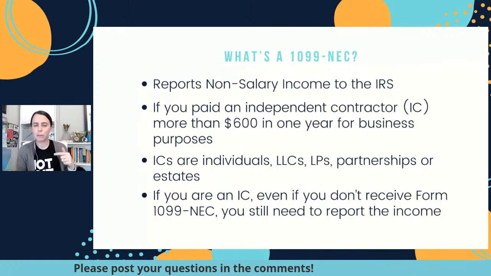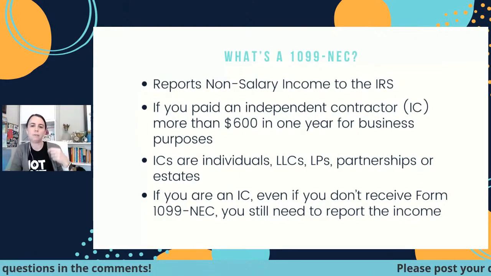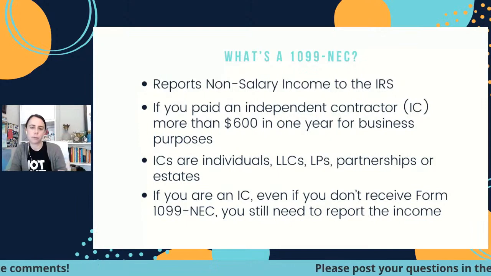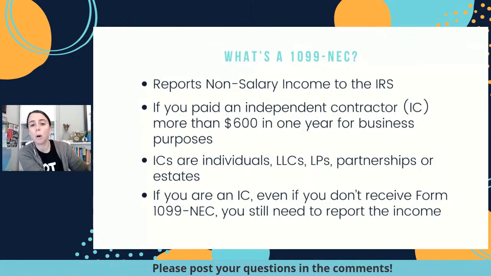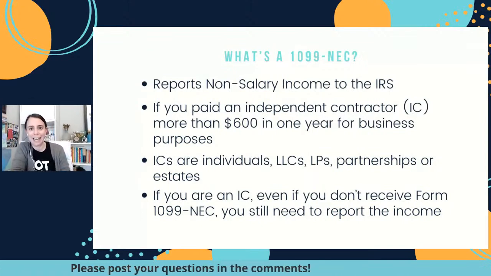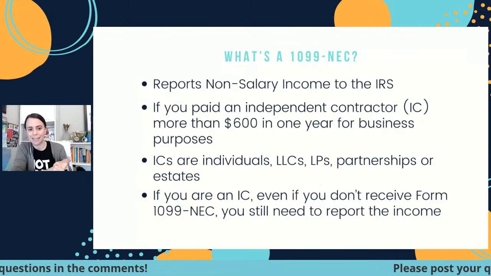I'm going to get into who we don't have to pay these to, but pay very close attention to that, because if you pay someone in the course of doing business that's a C corporation, for example, you don't need to issue them a 1099-NEC. So it's just individuals, LLCs, LPs, partnerships, and estates.